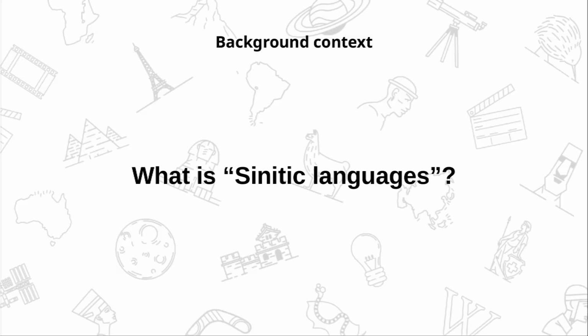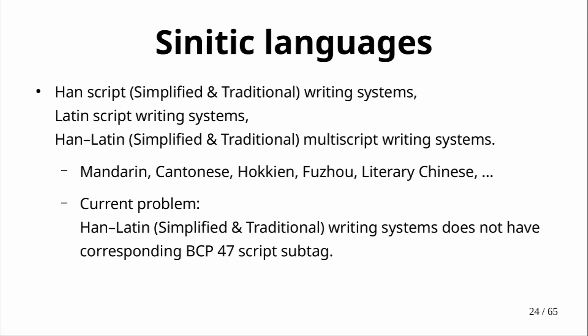So what are Semantic languages? Semantic languages are several languages that mainly use the Han script, including the simplified Han and traditional Han writing systems. And some of them also use Latin script writing systems. For Hokkien, it actually uses a special Han Latin multi-script writing system, including simplified Han and traditional Han.